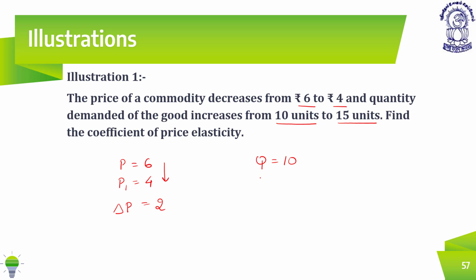So quantity is 10 units, the new quantity is 15 units. So change in quantity is 10 to 15, that means 5 units. Put it in the formula. Price elasticity of demand equal to price upon quantity multiplied by change in quantity upon change in price. So original price is 6, original quantity is 10, change in quantity over here is 5, change in price is 2. Try to simplify this.